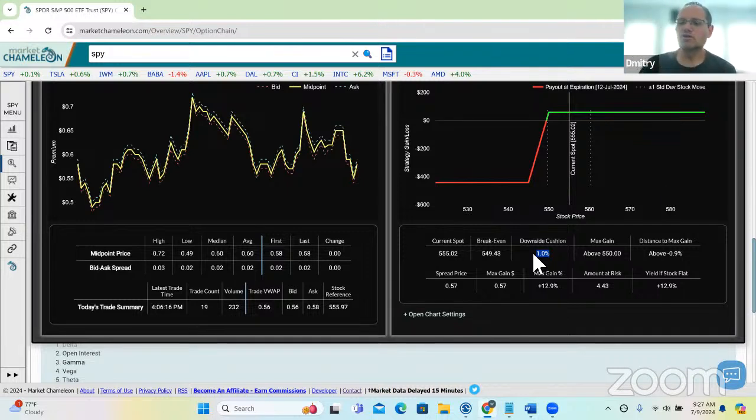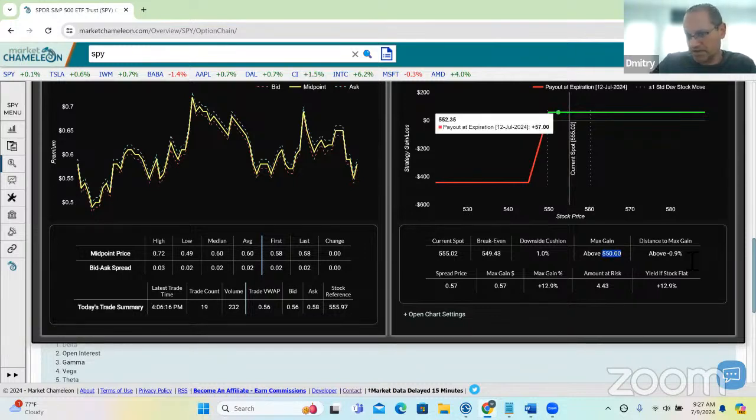Right? Our max gain: the stock has to be above 550. Right now it's 555, but it has to be above 550 at expiration. And then both puts expire worthless. So how far are we from a max gain? Well, keep in mind, it can go down, right? So at 555, it doesn't necessarily have to go up.